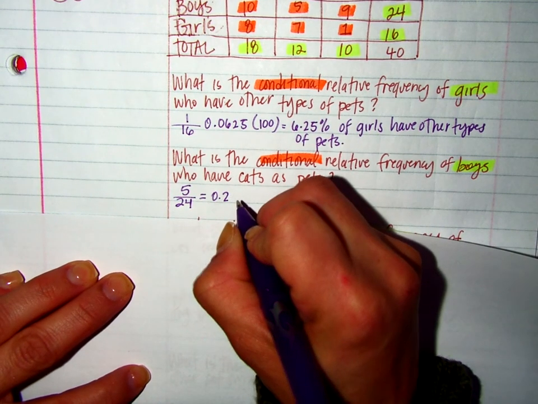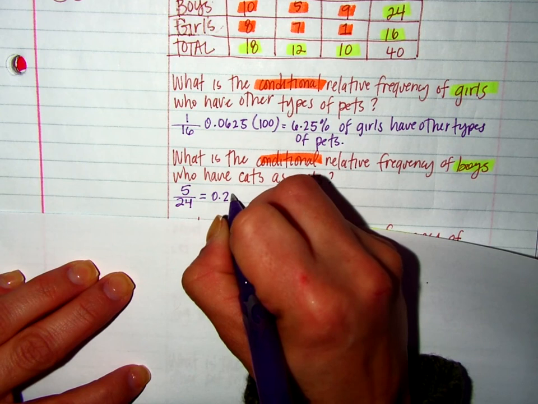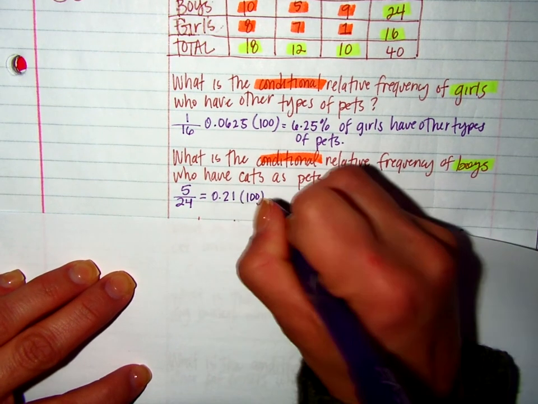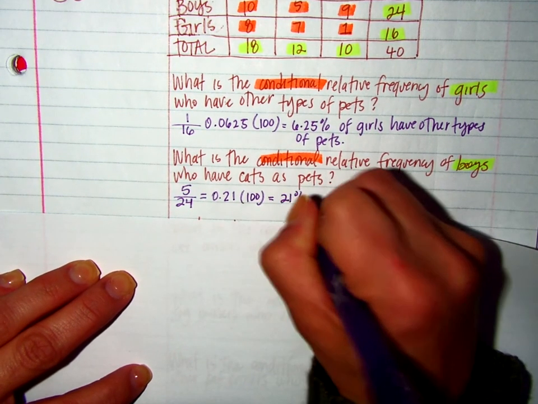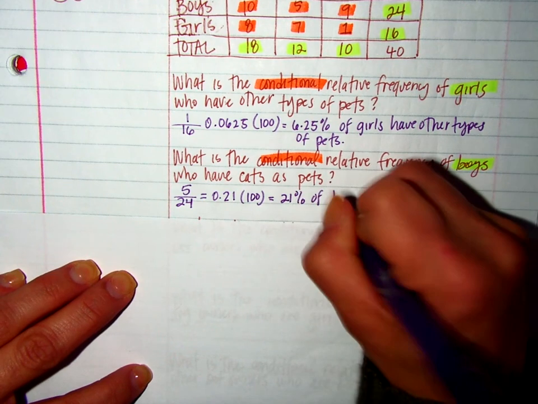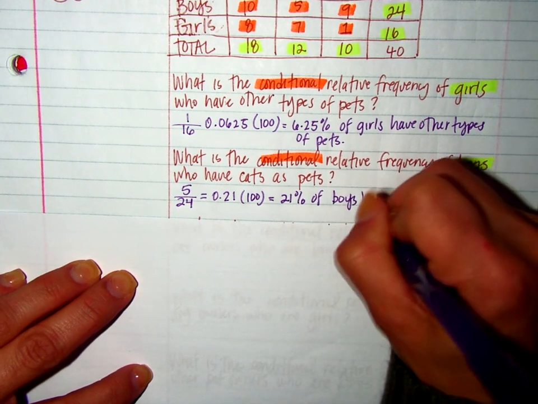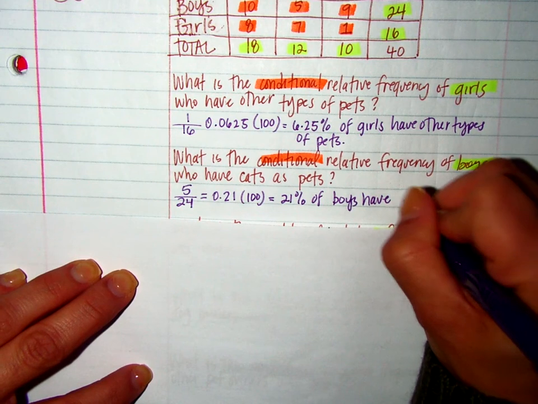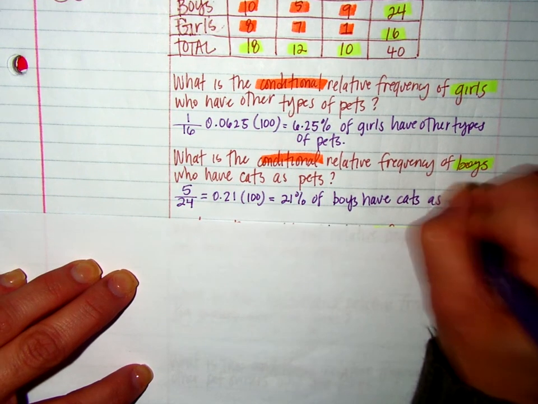So I'm just going to round to the nearest hundredth here, 0.21. Okay, and I'm going to multiply that by 100, and that's going to give me 21%. Okay, and 21% of boys have cats as pets. Right?